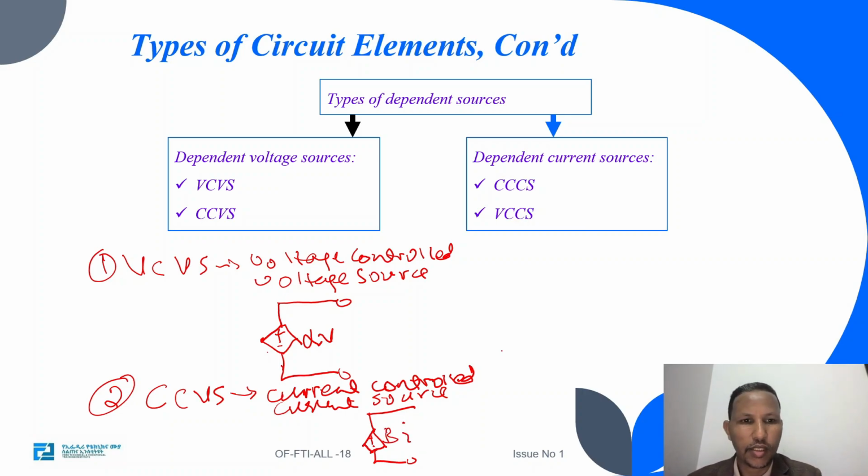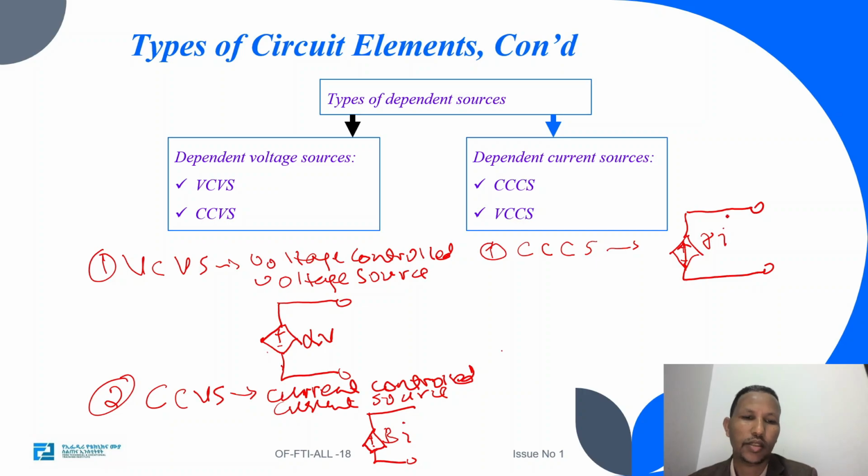For the dependent current source, the first one is the current controlled current source. You consider the current direction, and this is gamma I. The second one is the voltage controlled current source.